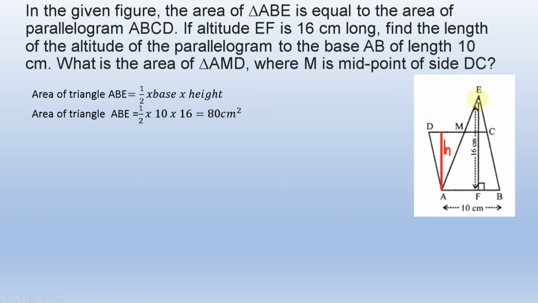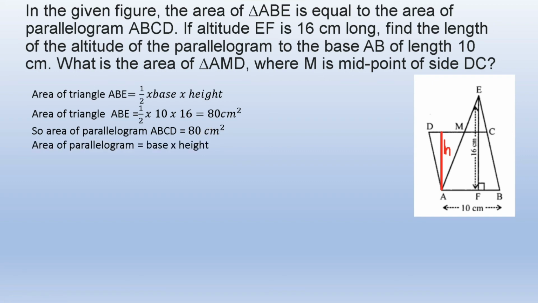Now it is given that this ABE area is equal to the parallelogram area. So we can write that the parallelogram area is 80 centimeter square. Now we know that the parallelogram area is base into height.